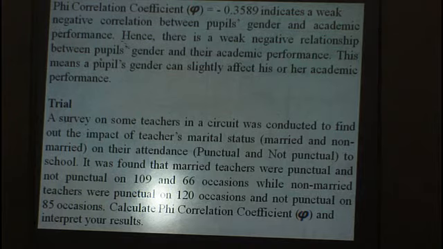It was found that married teachers were punctual and not punctual on 109 and 66 occasions respectively, while non-married teachers were punctual on 120 occasions and not punctual on 85 occasions. The question is, calculate the phi correlation coefficient and interpret your results.